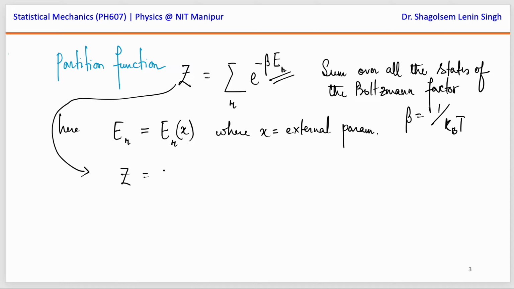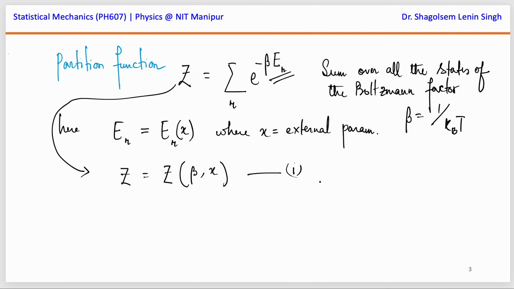Now Z is a function of this beta as well as this x, because energy depends on x. Thus Z, the partition function, depends both on the value of beta, I mean the temperature, you could write temperature as well, but let's just use beta for convenience, and the external parameter x. Let me put this as equation number 1.